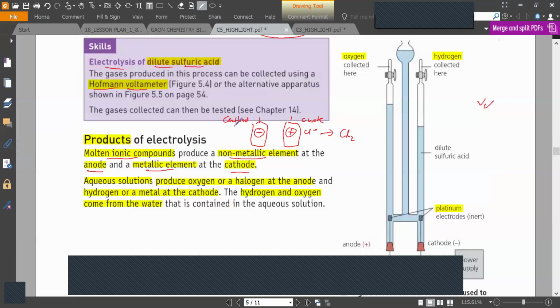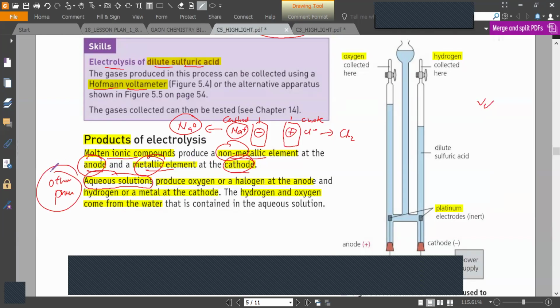The cathode is negative, so it will attract the positive metal and produce the metal product. So always the non-metal is at the anode and the metal is at the cathode, always like this. But when we have an aqueous solution, we can have other products.